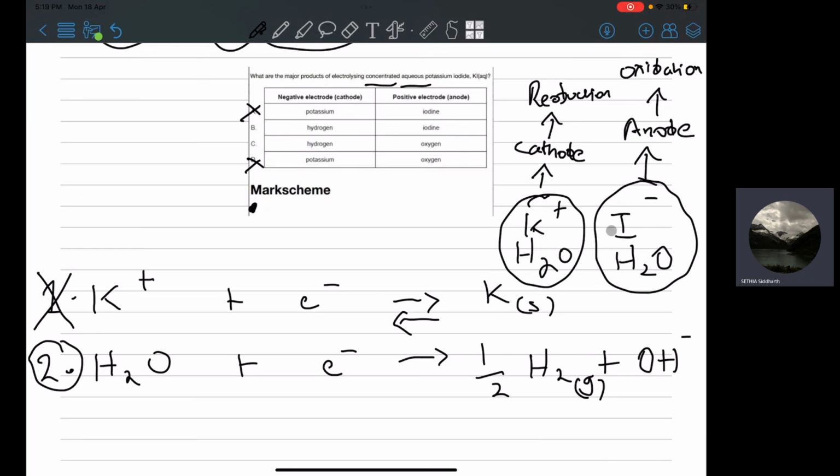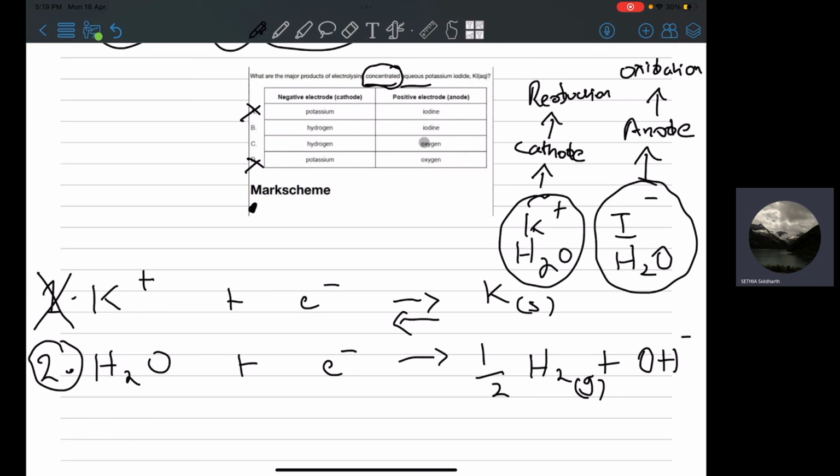Now, obviously, you have iodine if I minus chooses to get oxidized, right? And you're going to have oxygen if H2O chooses to get oxidized. So which one is it going to be? Which one of these two is going to get oxidized? Now we come to the second part that I told you to remember, which is concentrated. They've mentioned concentrated aqueous potassium iodide.